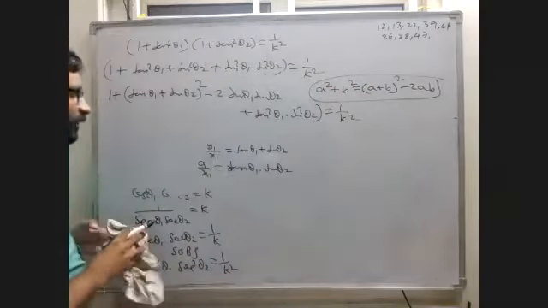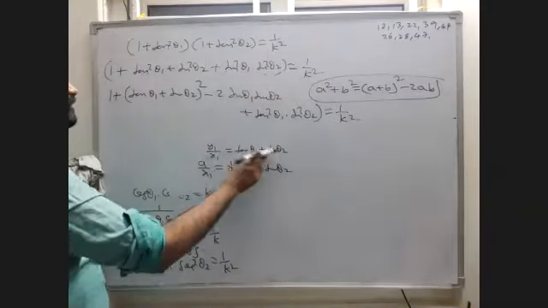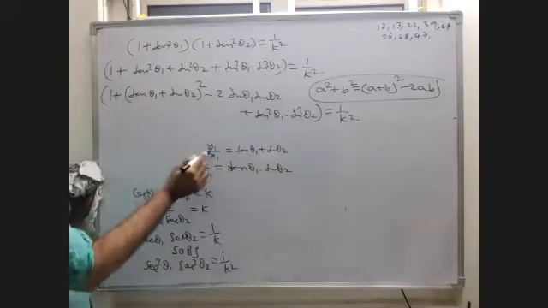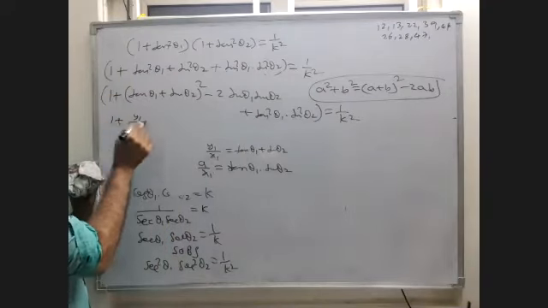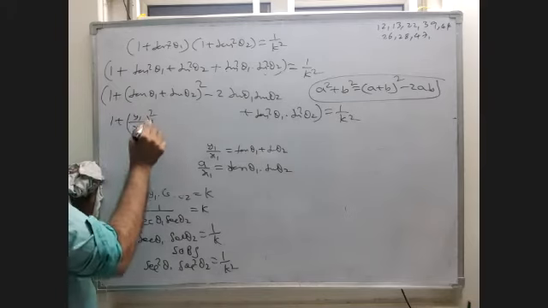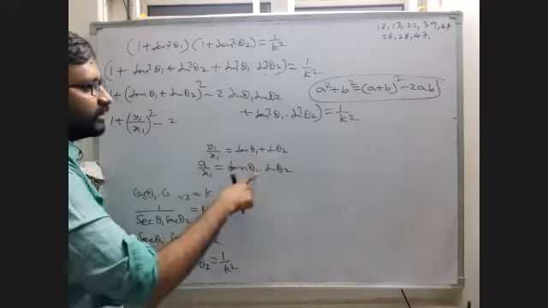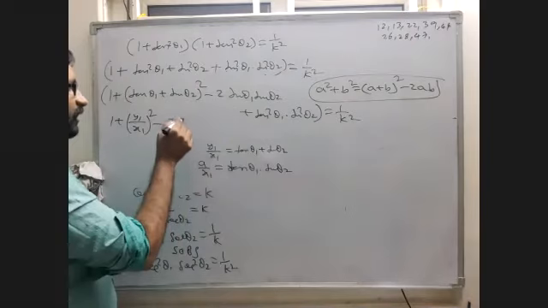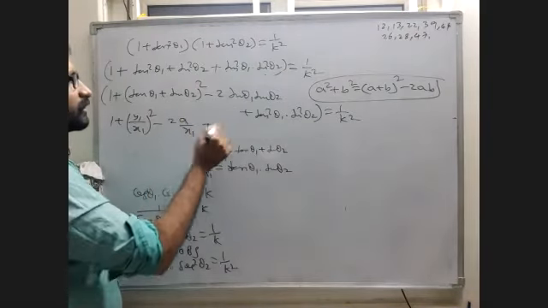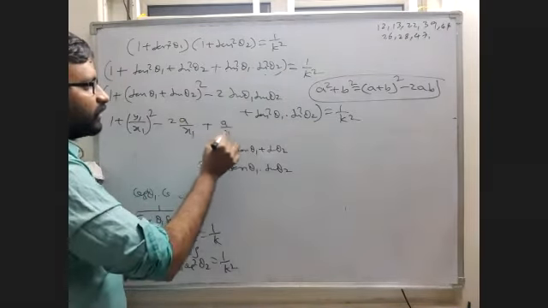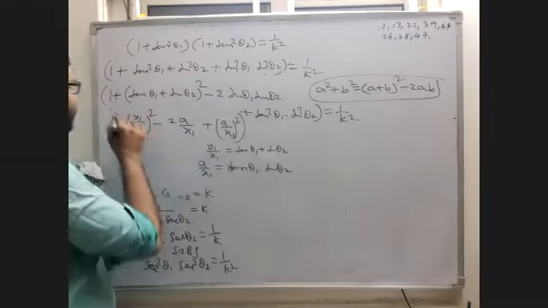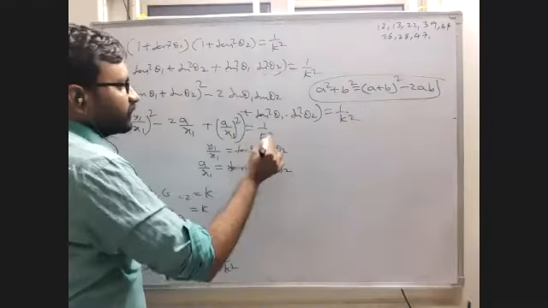Now I am substituting tan theta 1 plus tan theta 2 is y1 by x1, so y1 by x1 whole square, minus 2 into tan theta 1 into tan theta 2, which is a by x1, plus this one, a by x1 whole square, is equal to 1 by k square.